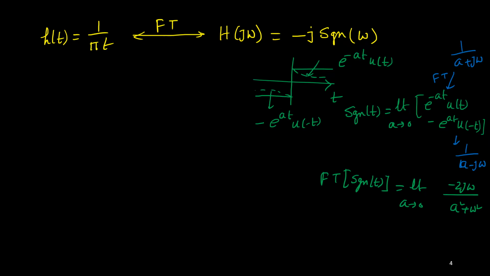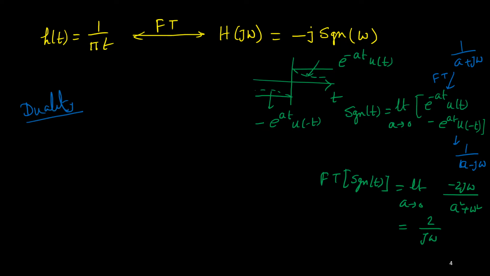And if you put a tends to 0, then we can write 2 by j omega. So this is your Fourier transform of signum t. Now you can use the duality property.